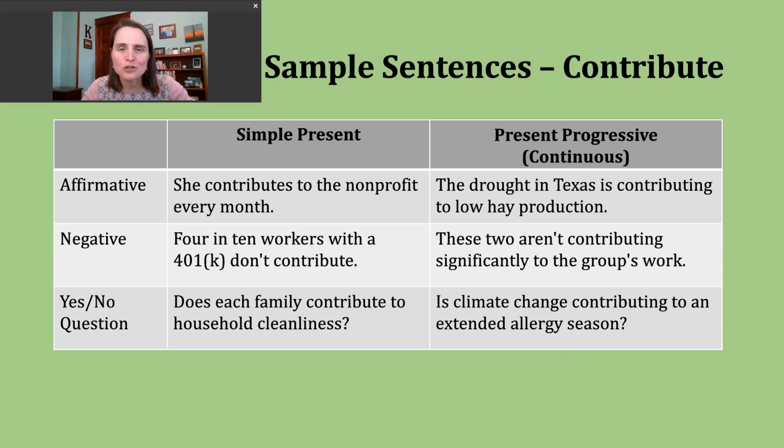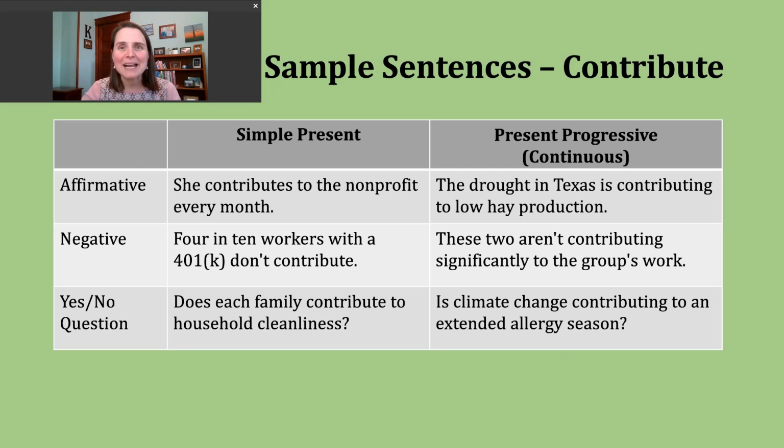We have to pay attention to our subject. If our subject is I, I'm going to use am, and then the ing form of the verb. If my subject is you, we, or they, I'll use are, A-R-E, and then the ing form of the verb. Finally, if my subject is he, she, or it, I'll use is, and then the ing form of the verb.